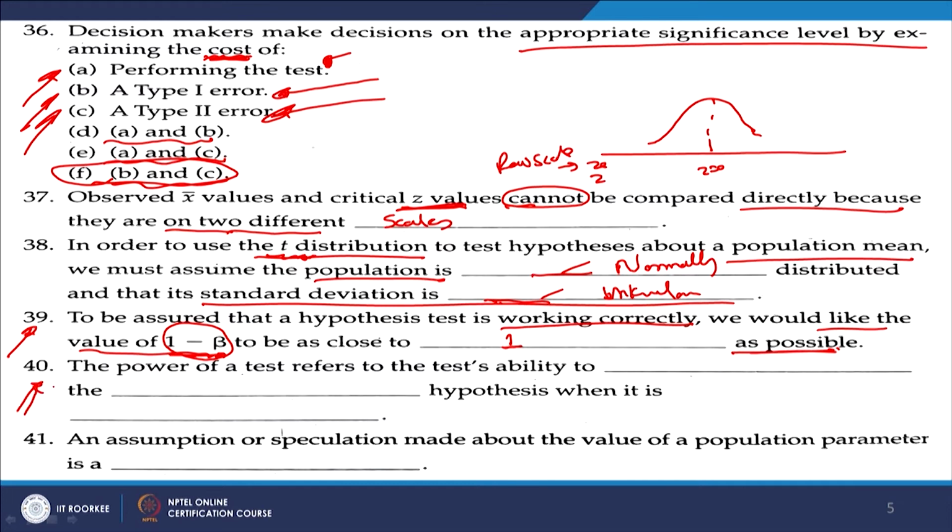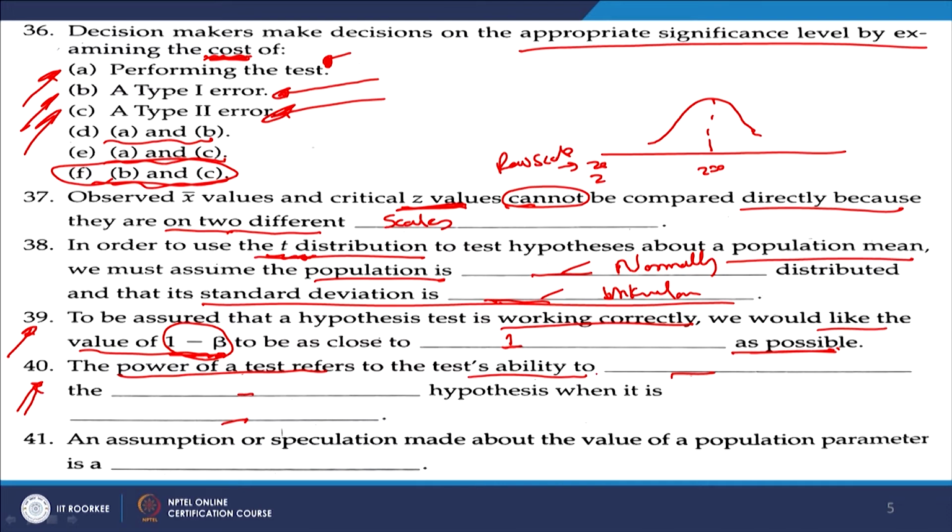Question number 40. The power of a test refers to the test's ability to dash the dash hypothesis when it is dash. Just think over it, it is not a simple question. We just talked about power of test.